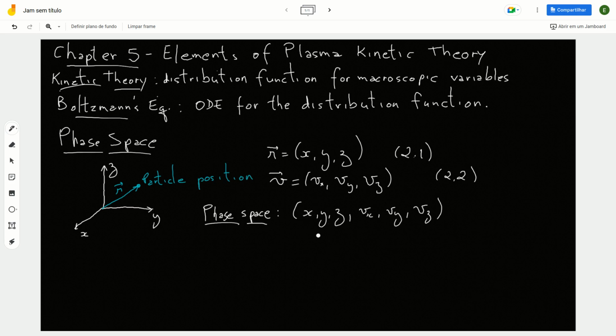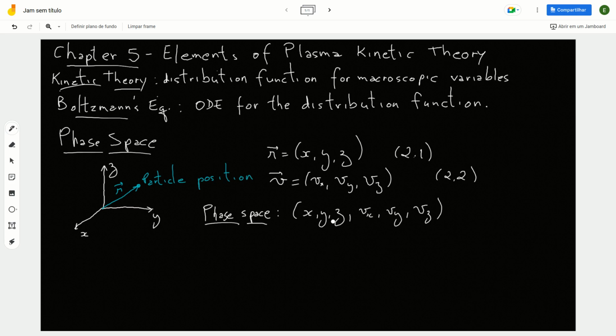You can plot different combinations of three-dimensional coordinates of this six-dimensional space. For instance, you may plot the evolution of the position, plotting x, y, and z, or velocity, or you may have combinations of x, vx, and vy, depending on what you want to see.